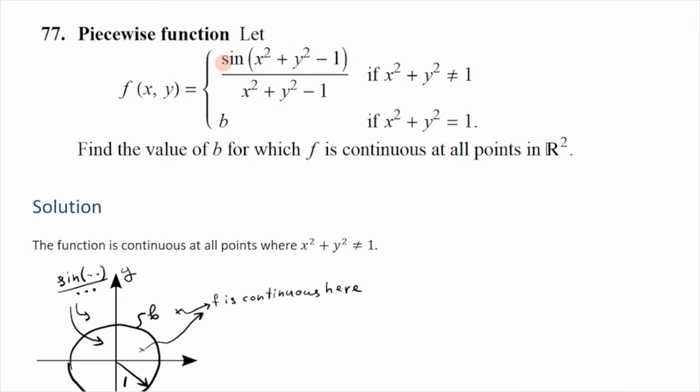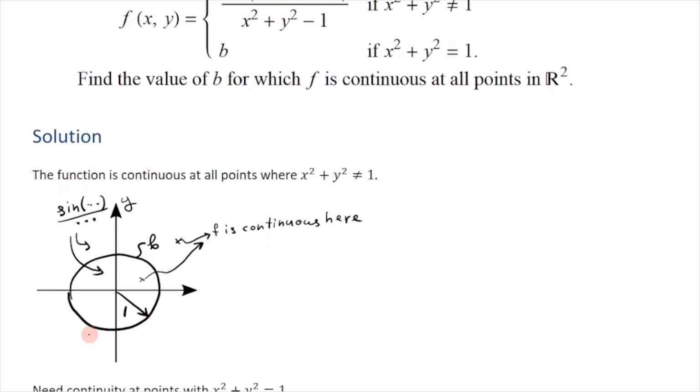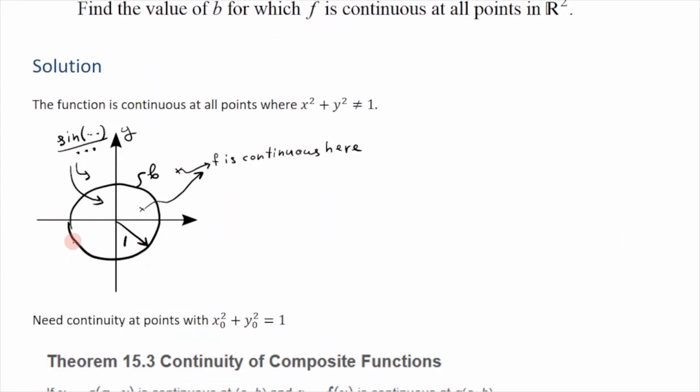Sine of a polynomial is also continuous. And then when you divide, the only thing that can go wrong here is denominator being 0, but that only happens on the unit circle. So everywhere here and here is not a problematic point. The only set of problematic points is the set of points right here, the ones where x naught squared plus y naught squared is equal to 1.